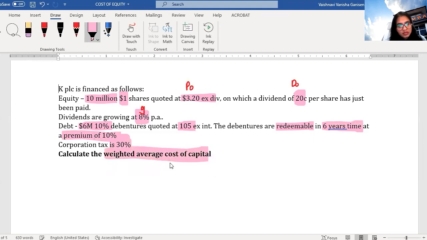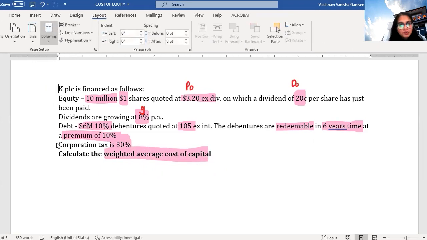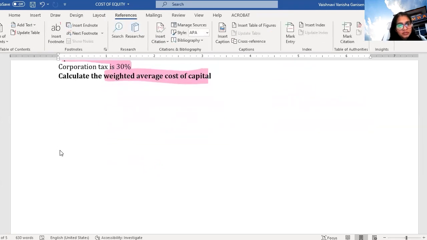Okay. So again, guys, whenever you want to do a question like this, please draw your table.